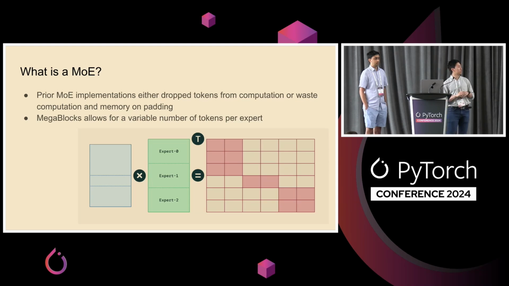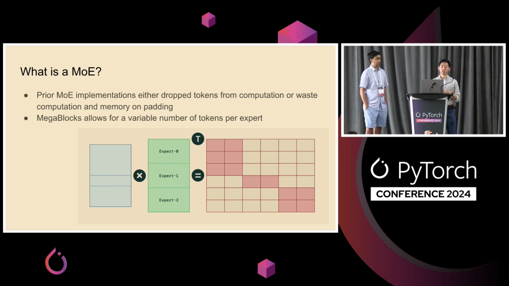The particular MoE implementation we use is called MegaBlocks. MegaBlocks is an open source library that allows for sending a variable number of tokens per expert. Previously, different MoE implementations assumed you have some fixed capacity per expert. So maybe an expert can only take in 4 tokens.